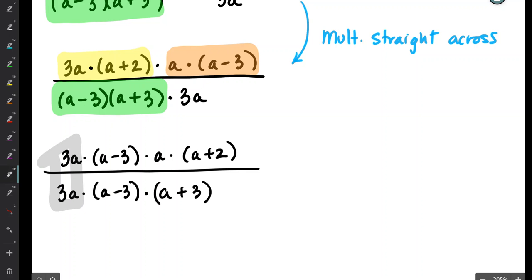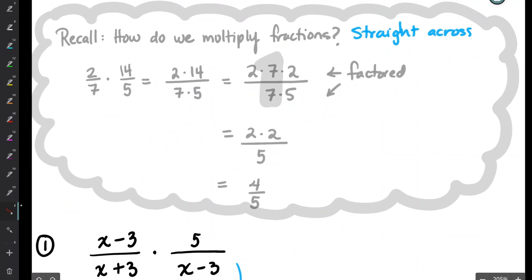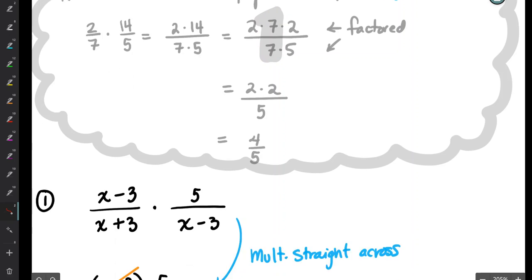Here are my little secret times 1s, and when I multiply by 1, that doesn't change anything, which is why I'm telling the reader I can get rid of them. And this is exactly like simplifying fractions. Here I'm simultaneously multiplying and dividing by 7. No change there, right? It's the exact same concept.